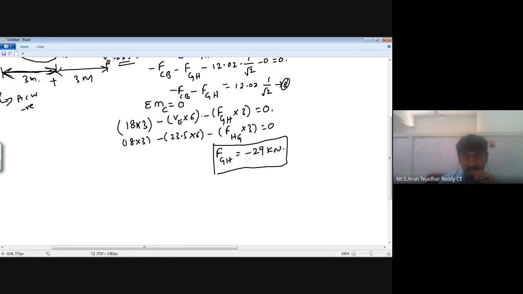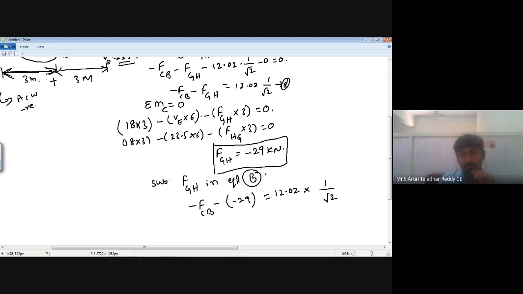Just substitute minus 29 kilonewton in equation B. Minus FCB minus FGH means minus 29 is equal to 12.02 into 1 by root 2. Then the FCB value is 20.5 kilonewtons.